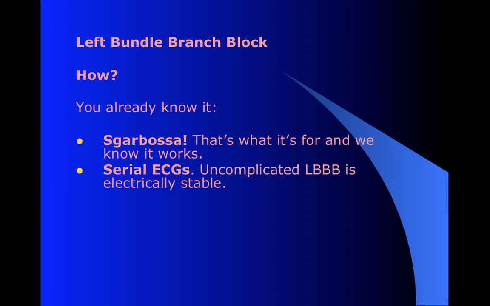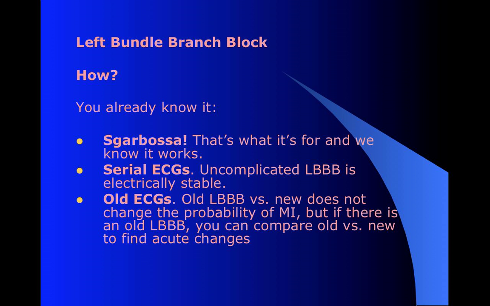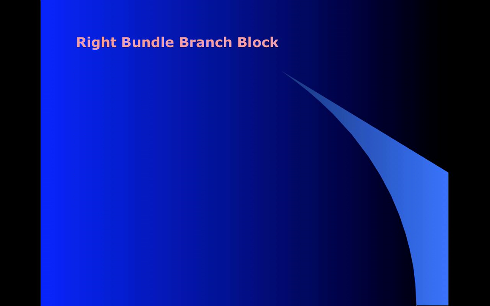Maybe they're more or less asymptomatic, but it shouldn't be dynamic the way that MI will be. And maybe you can actually get your hands on one of those old EKGs. Remember, whether it's old or whether it's new, it really doesn't change the probability of MI. But if you have an old one, you can compare changes directly. So here's his old left bundle. Now we see that there's an increase in elevation or something like that.